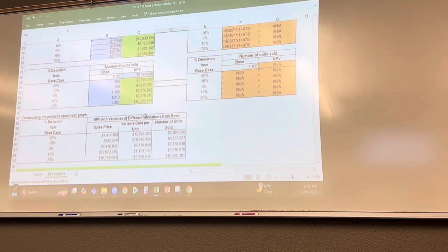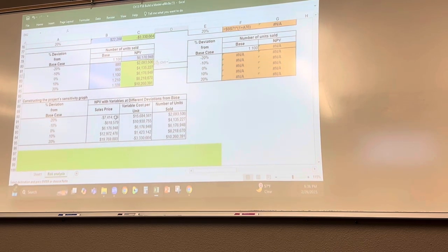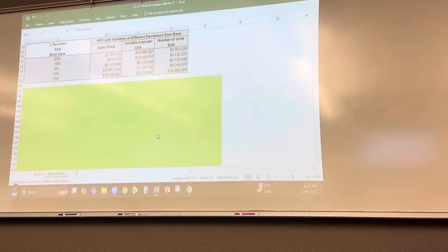All right. Now, this was already set up to reference all these things, right? So I've got this table with my sensitivity analyses. Okay, so the question is, what does the graph look like, right?